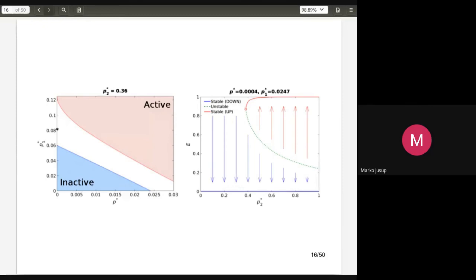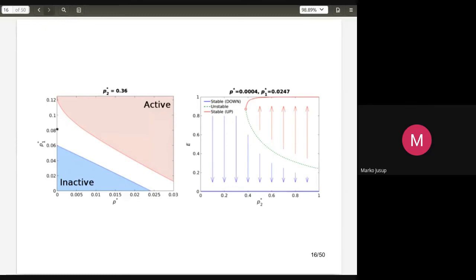And then the white part is the bistability zone. So we can have both things at the same time. That is depicted on the right side, where we again fix two parameters and add the third one, just one of the activation probabilities, and on the vertical axis we look, for a randomly chosen node, at the fraction of its neighbors that are active.